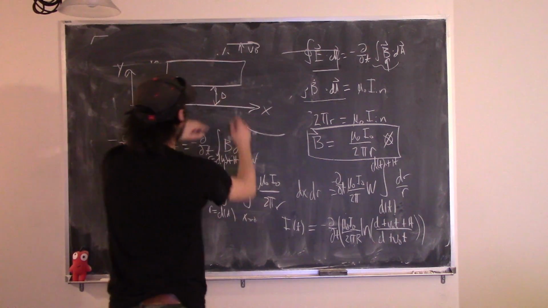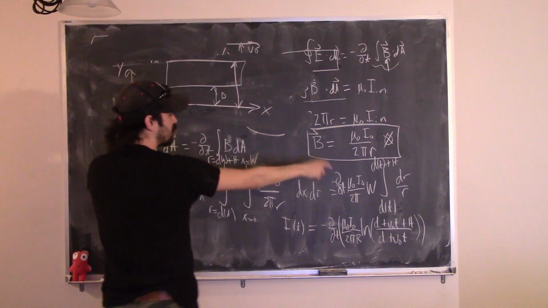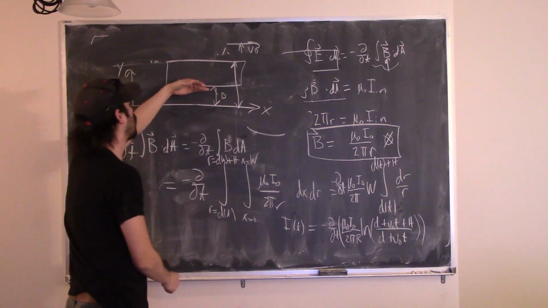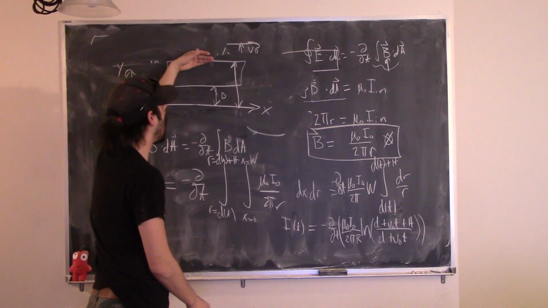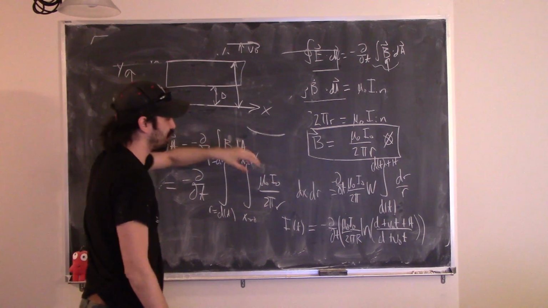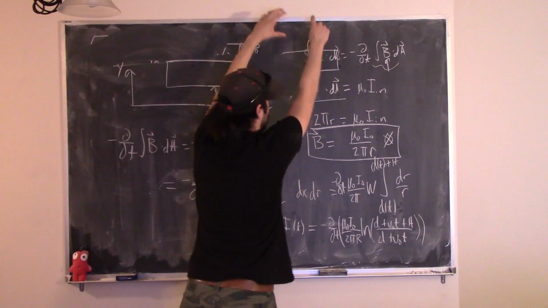So then you can ask yourself, well, how far up does this go to? Because that's really what the limits of integration are telling you. Where does this loop start in y? Where does it end in y? Where it starts in y is going to be d, or more specifically, d is a function of time, because it's going to move as time goes on.